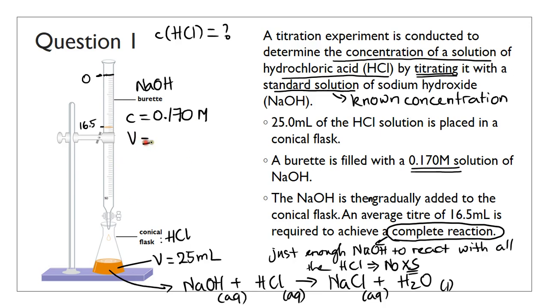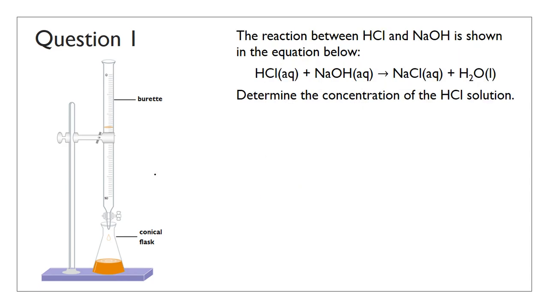So the volume of sodium hydroxide required is 16.5 mL, and the volume of the solution in the burette that you need for a complete reaction is called a titer. I've been saying titer, so I'm going to stick with titer. The titer is the volume of the solution in the burette that you need for complete titration. Okay, I'm going to continue.